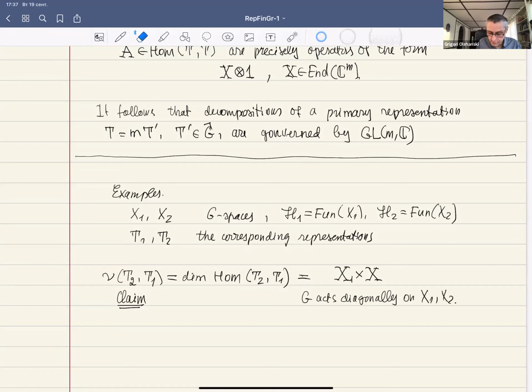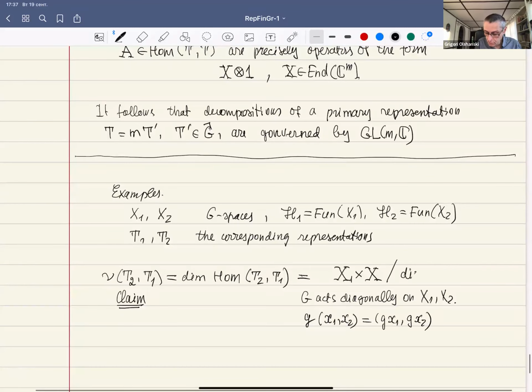This just means that for the left action, the action of some element g applied to a couple of points is this one. So the claim is this is the set of orbits. We take the diagonal action, the quotient space, that is the set of orbits, and its cardinality. So this is the claim.